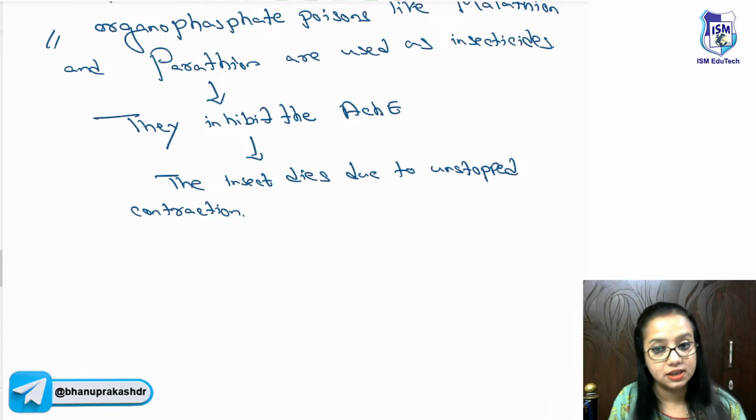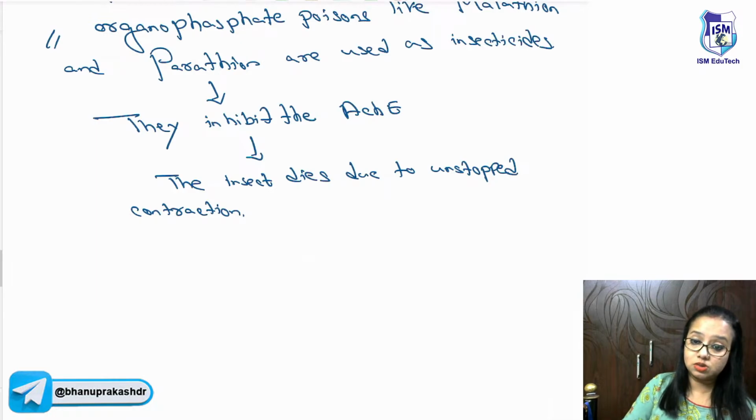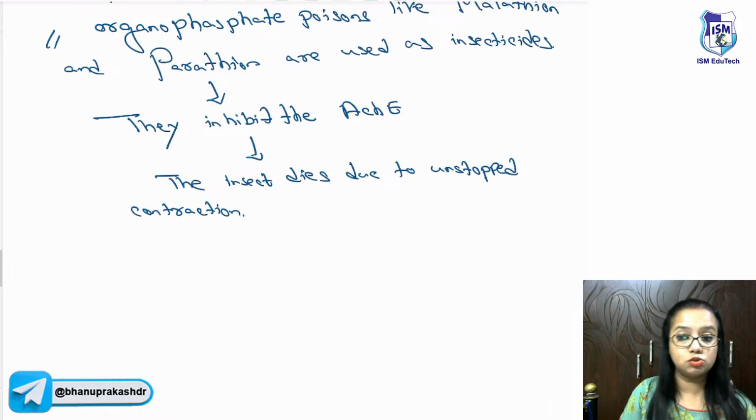So in farming and agriculture, this neuromuscular junction targeted by insecticides and pesticides is used to check and control the insects and pests.